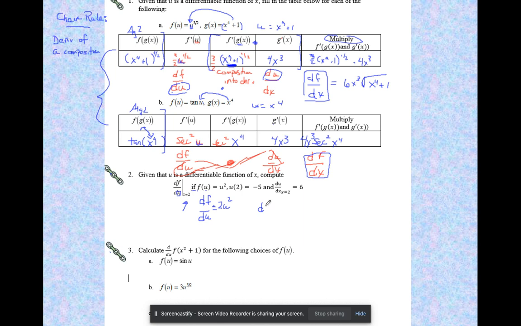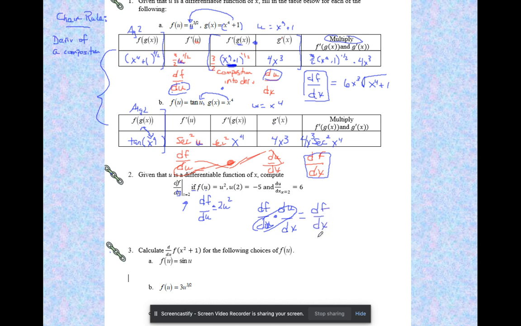I would like to have df over du multiplied times the derivative of that u, what I replaced, right? When I do a composition of a u expression in terms of x. And if I do that, C the chain, B the chain, I am left with df over dx.